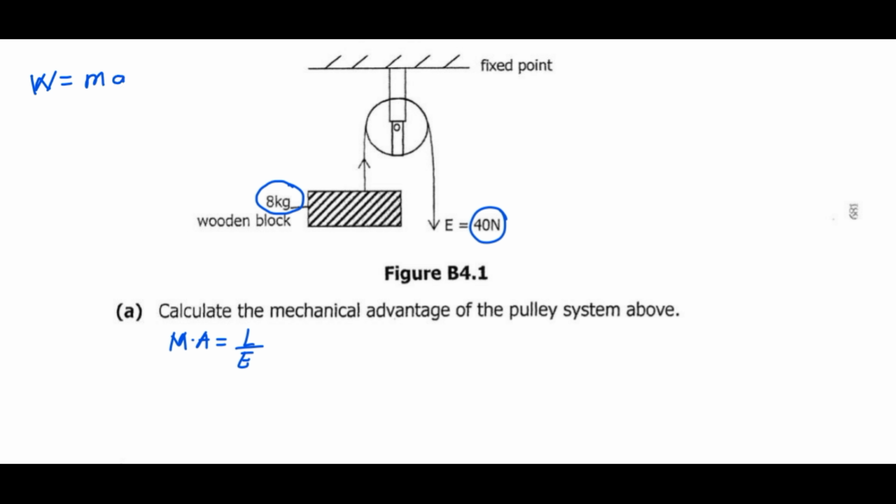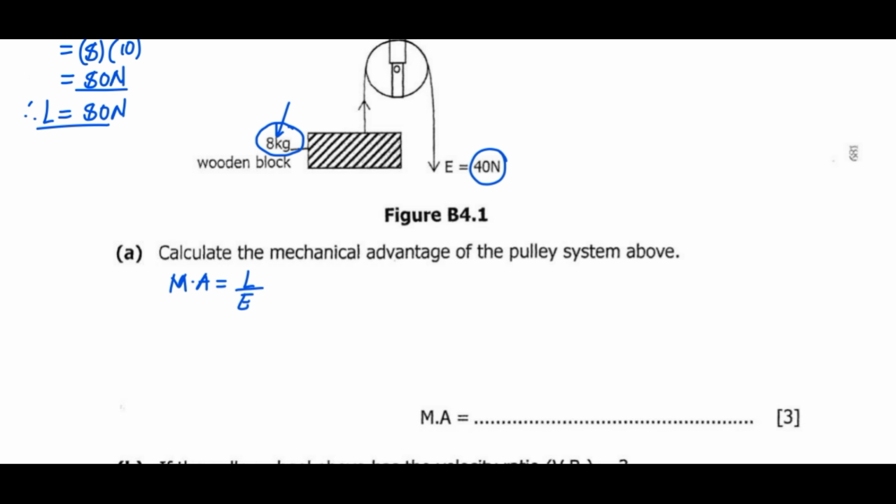Weight is equal to mass times gravity. Our mass is 8 kg, then gravity is given 10 newtons per kg. If we multiply, we see that the weight is 80 newtons. So therefore load is equal to 80 newtons. For a question like this, if you are given mass, first start by finding weight. Then the weight should later be used as your load.